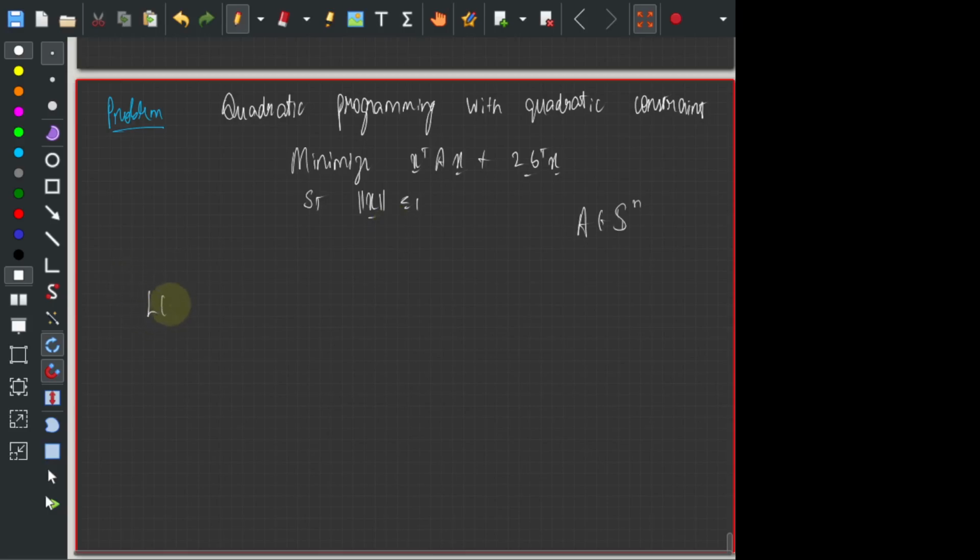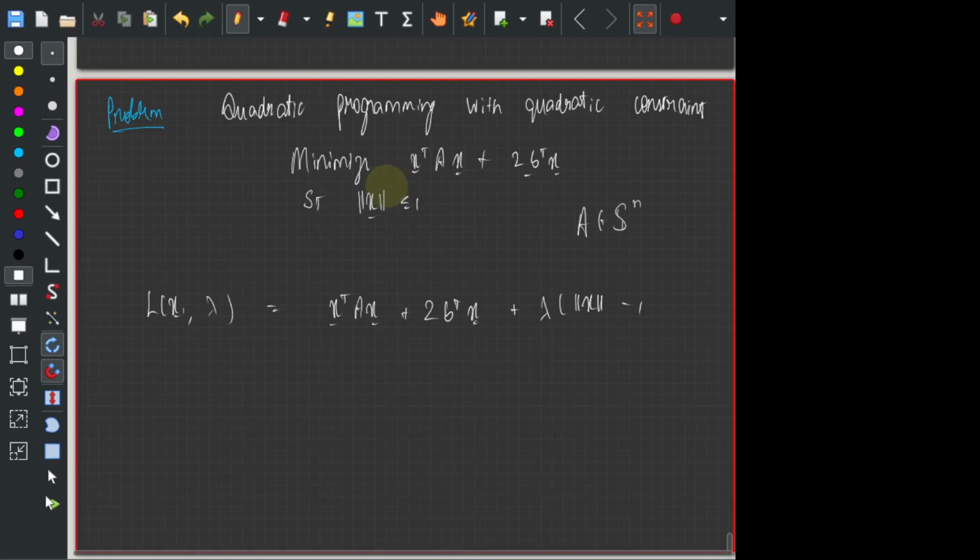So what is the Lagrangian? There is only one inequality constraint. So this is equal to x transpose Ax plus 2b transpose x plus lambda times norm x minus 1.